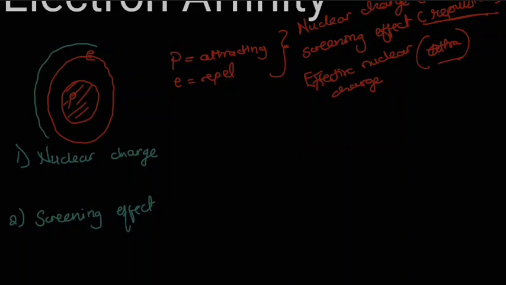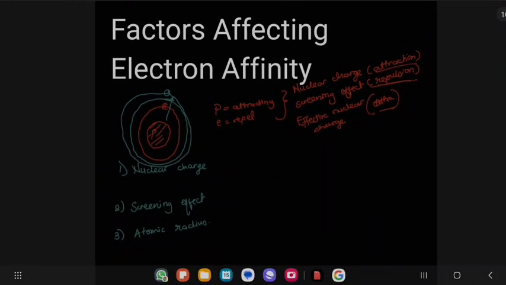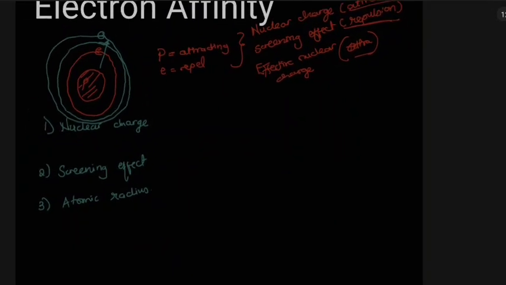If I continue adding energy levels here, that means the outermost electrons are far away from the nucleus of the atom. So one of the things that can also affect it is atomic radius. So these are some of the factors which affect the electron affinity.